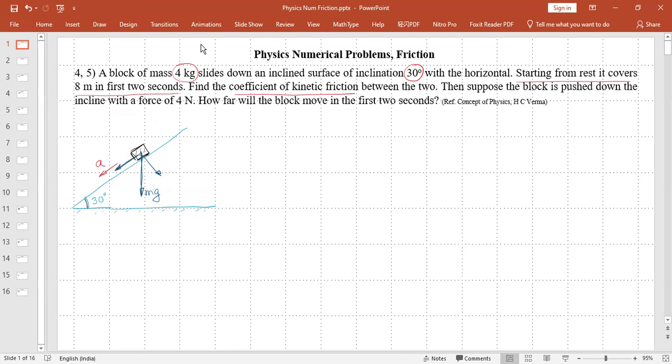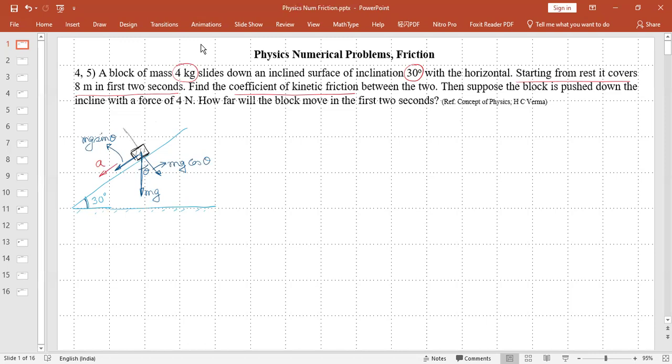If this is theta, then this angle is also theta. This force is always mg cos theta. It's always mg sin theta.